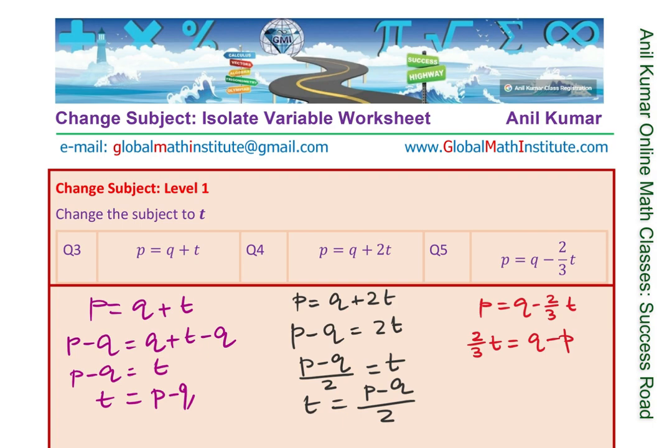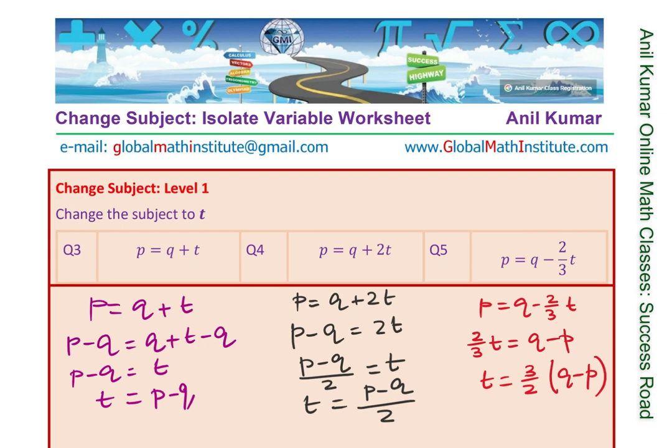And now we can multiply by 3 by 2 to write t as 3 by 2 times q minus p. Make sense? That is how it can be done. I hope with this you understand how we perform this particular operation. In reverse, if there was addition, we did subtraction. If there was subtraction, we did addition. Multiplication is followed by division, and division by multiplication.